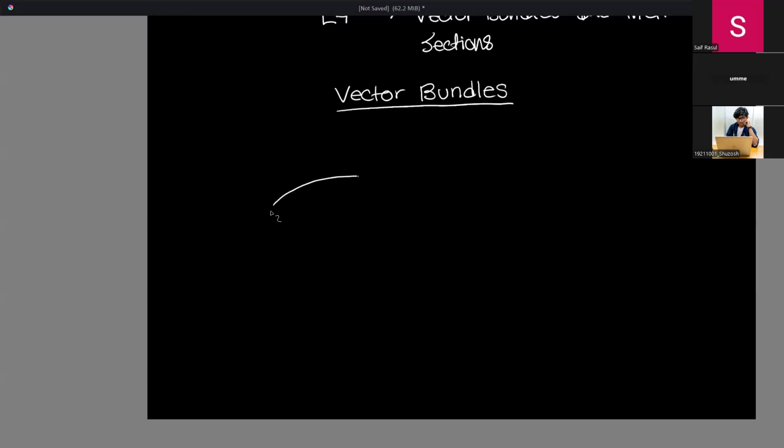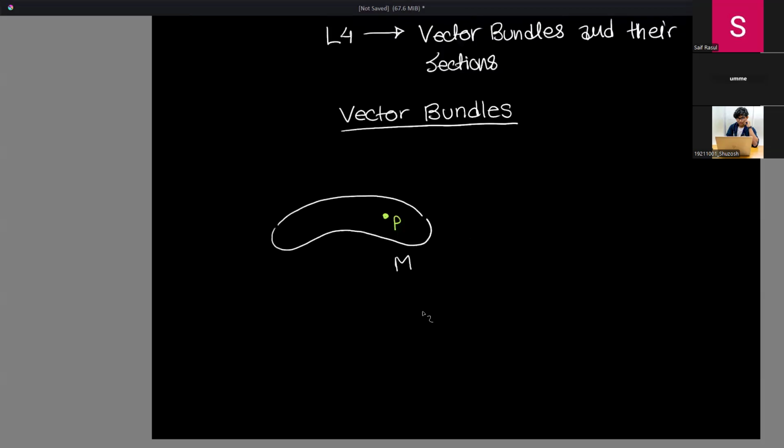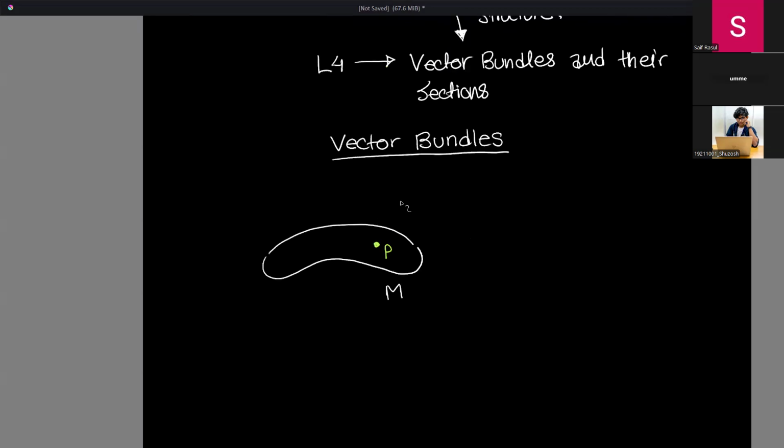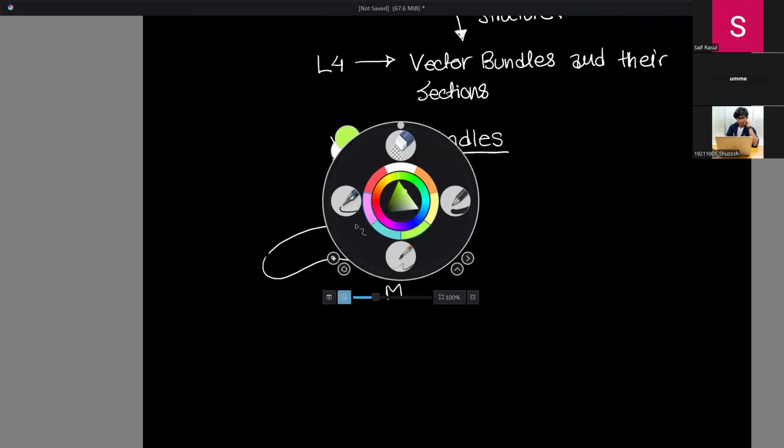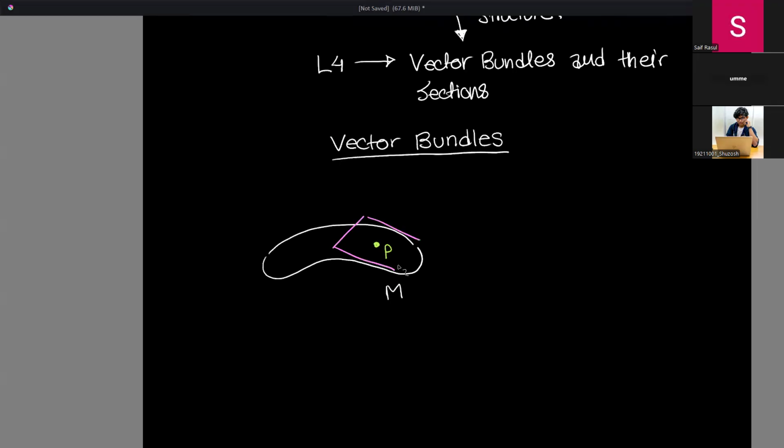I'm going to draw this potato chip shaped manifold, and we can think of there being a point P, classic point P on manifold M. There is a tangent space attached to P, and it's called TPM. That's how we name each of the tangent spaces. And the way we think about it is that there is another tangent space at each point on the manifold.